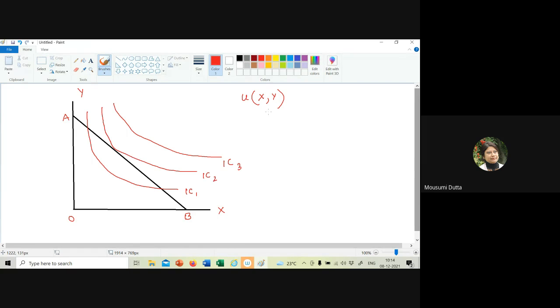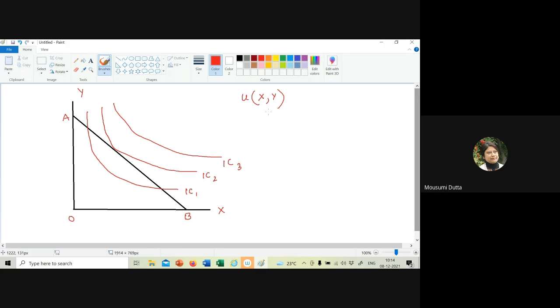However, a higher indifference curve definitely implies a higher level of satisfaction. So any point along IC2 will be preferred to any point along IC1. Similarly, any point along IC3 will be preferred to any point on IC2 or IC1.